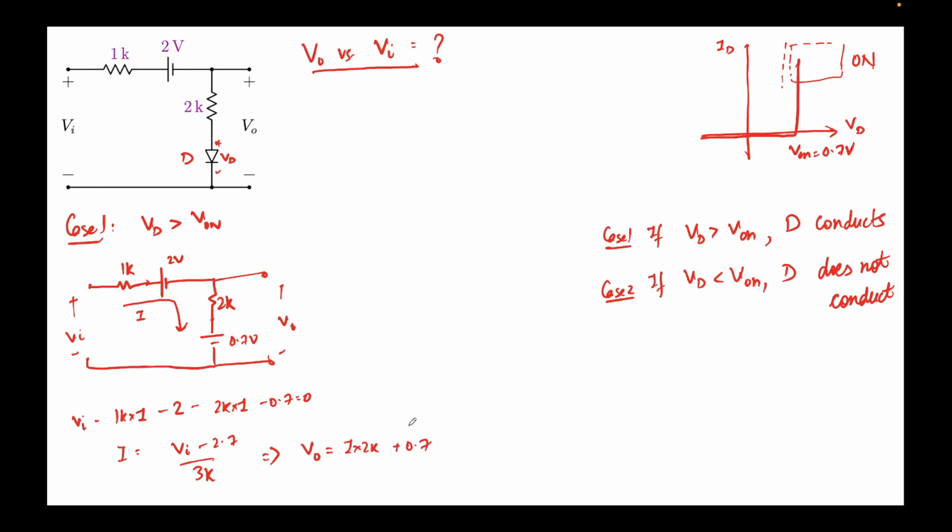If I put the value of I over here, it will be 2 by 3 times Vi minus 2.7, plus 0.7. If you solve it, it will be 2 by 3 Vi minus 0.9 minus 1.8, and then plus 0.7, so minus 1.1. That is the expression of V0 that we are getting.